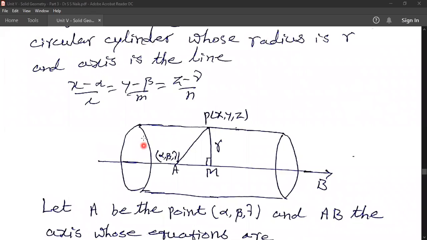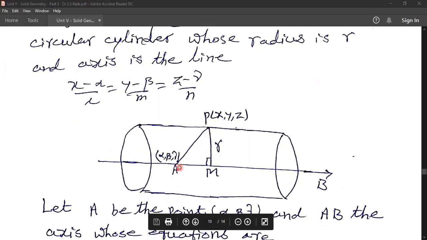So this becomes a right circular cylinder, and this becomes a generator. So we take a point P(x, y, z) on the generator. From that point P, we draw a perpendicular PM on the axis. Then this PM becomes the constant distance, and this constant distance is the radius of this right circular cylinder.